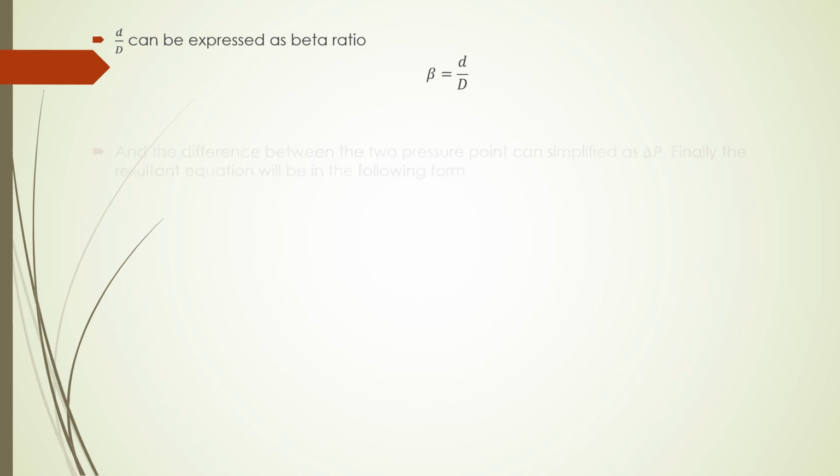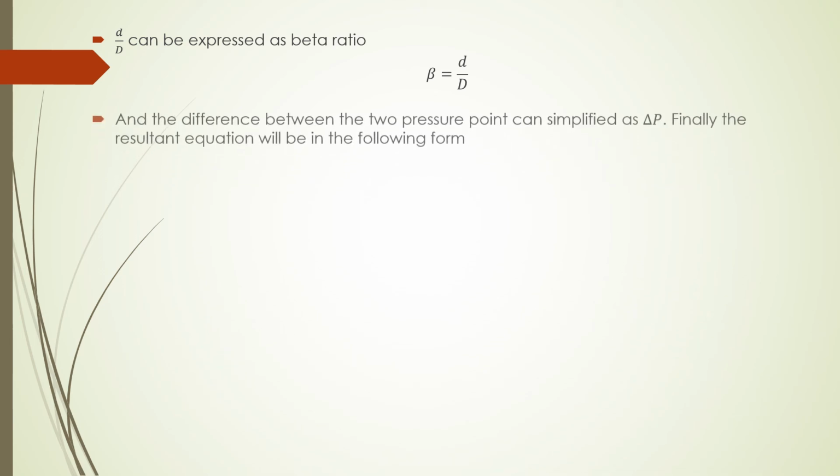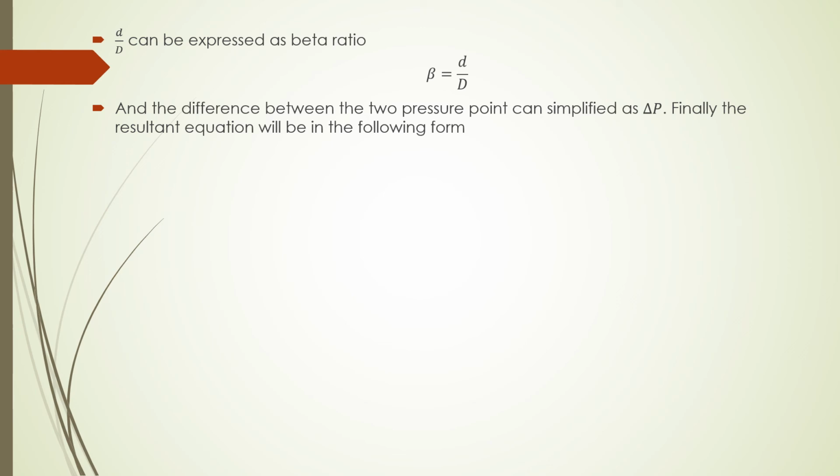Now we can express d small over d capital as a beta ratio. So beta equals d small over d capital. And the difference between the two pressure points can be simplified as delta P. Finally, the resultant equation will be in the following form.